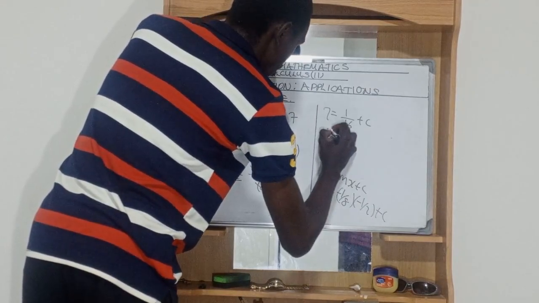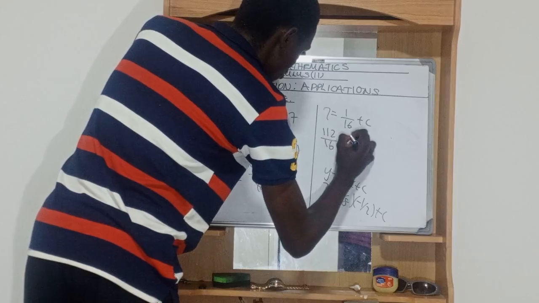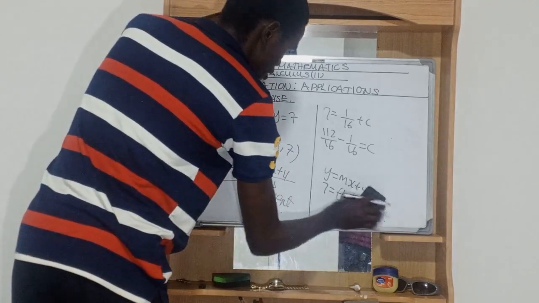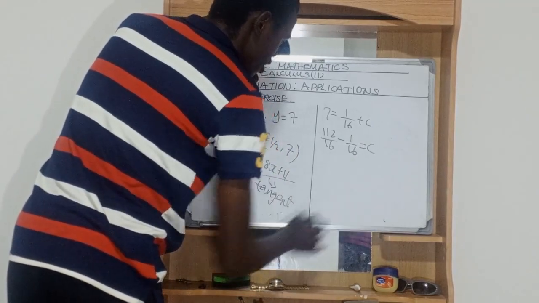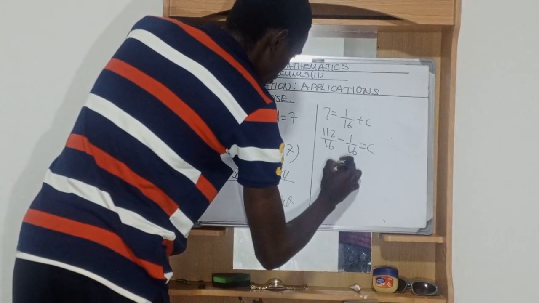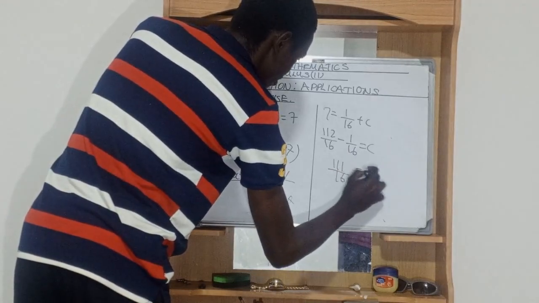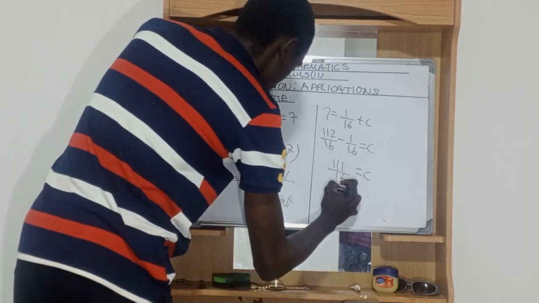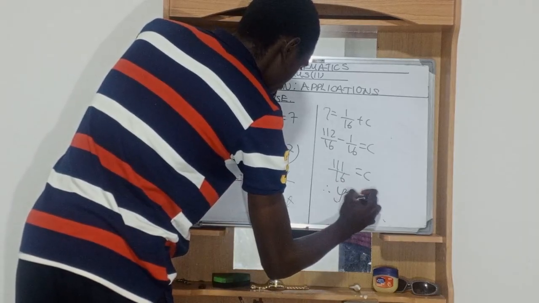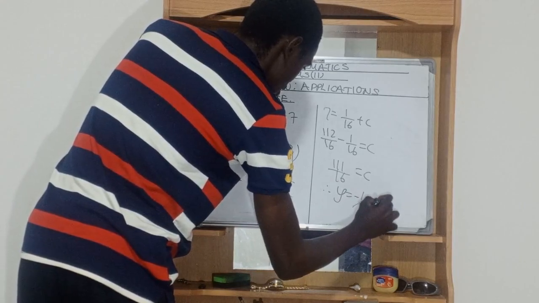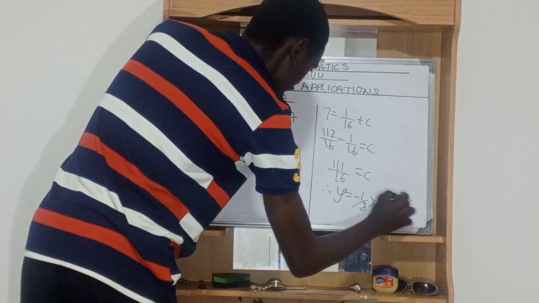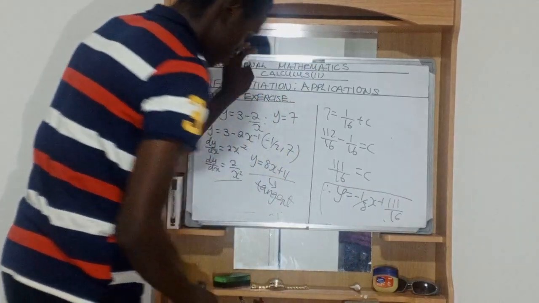So 112 over 16 minus 1 over 16 is equal to c. That's the method we are going to use. This will become 111 over 16 is equal to c. Therefore, the equation of the normal is y is equal to negative 1 over 8 x plus 111 over 16. And this is your final answer.